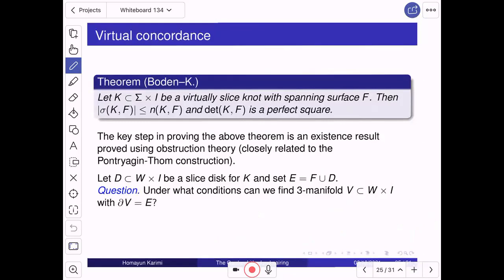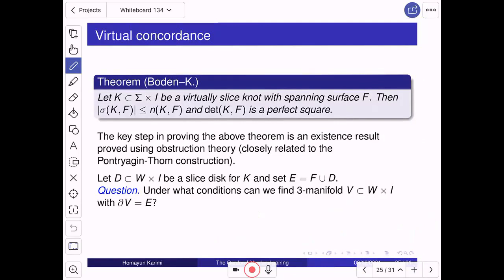Now, the theorem that we proved here is if you start with a knot K, which is virtually a slice, and assume it has a spanning surface F, then the signature of this knot should be less than or equal to nullity, and the determinant should be a perfect square.